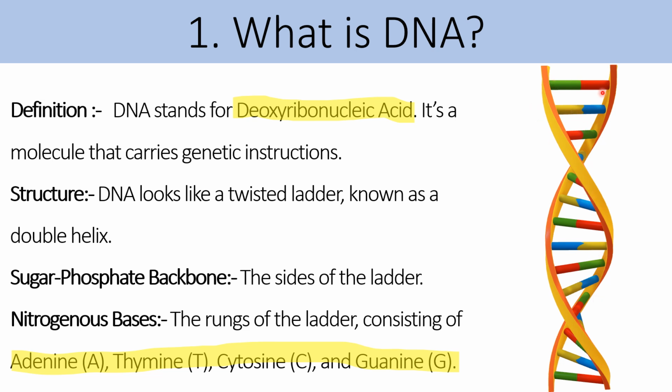These rungs of the ladder consist of adenine, guanine, cytosine and thymine. Here the A, adenine, always pairs with thymine, and the C, cytosine, always pairs with guanine. So that's the rule.